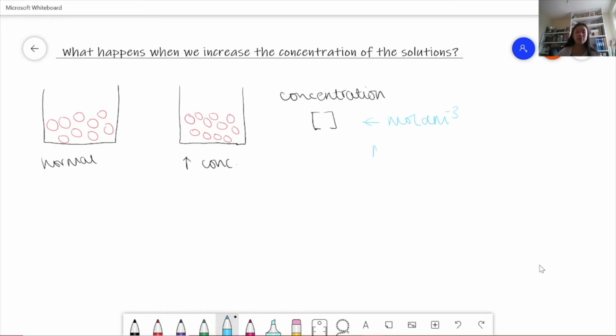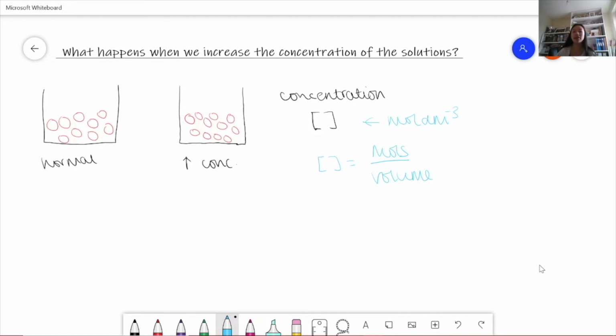So it's moles over the volume. So it's basically how much there is in a specific volume. So this volume is the same as this volume, but this one has more particles in compared to this one. And that's what we mean when we increase the concentration.